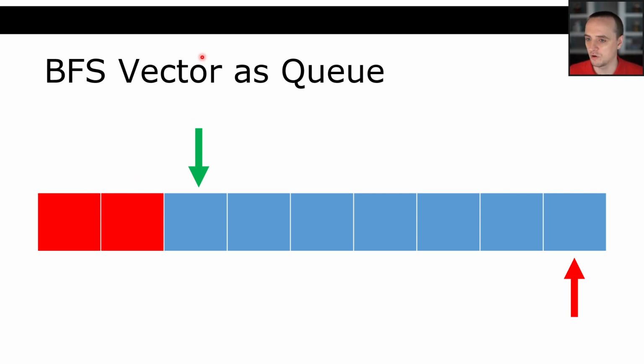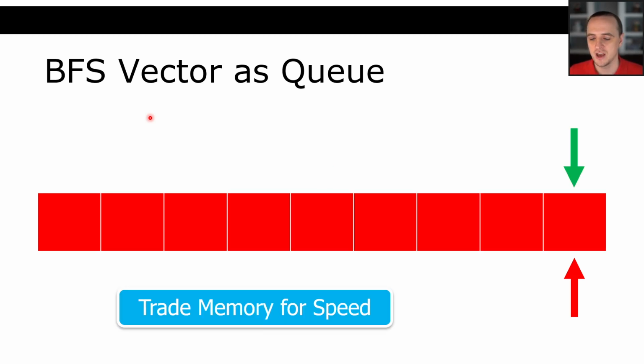So if I want to remove this element from the queue, all I have to do is increment to the right. Let's say I keep removing things and removing things. How do I tell when the queue is empty? Well, I tell when the queue is empty when the beginning pointer is equal to the final pointer, okay?